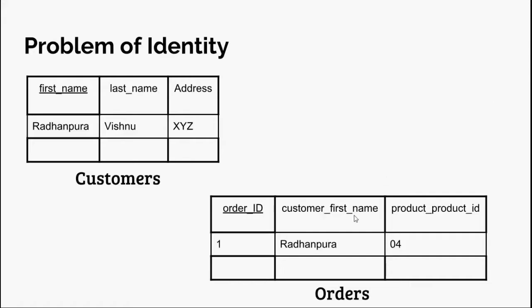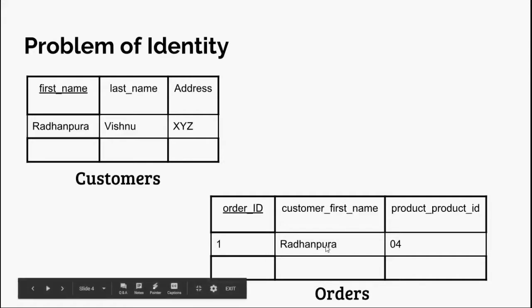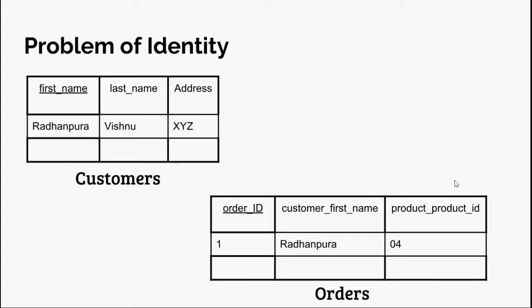That's why it uses the customer's first name as foreign key. I think you all are aware of foreign keys. A foreign key is the primary key of another table and is used to establish links between tables. That's why this first row of the orders table specifies that customer Radhanpura has ordered product number 04. This product ID is also a foreign key of some products table. You can assume that.